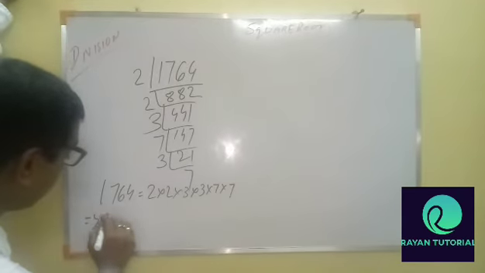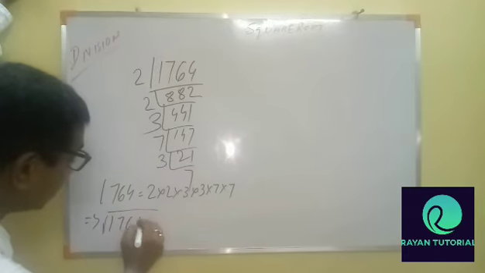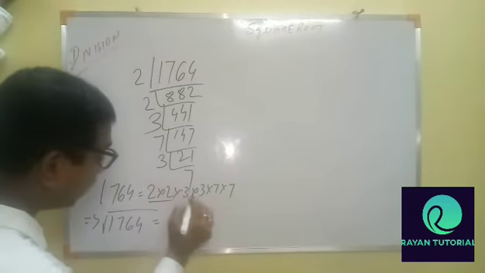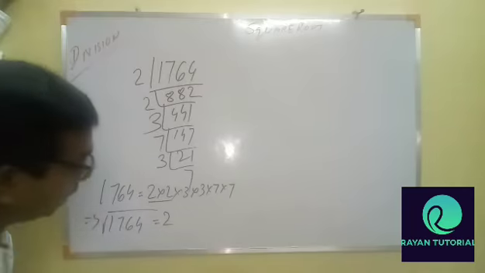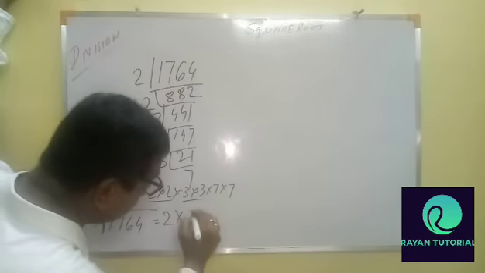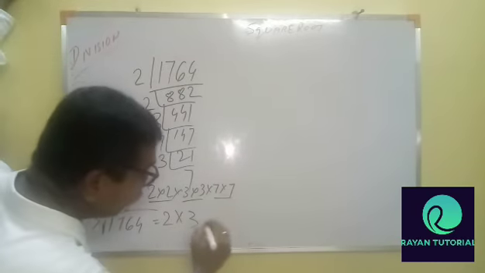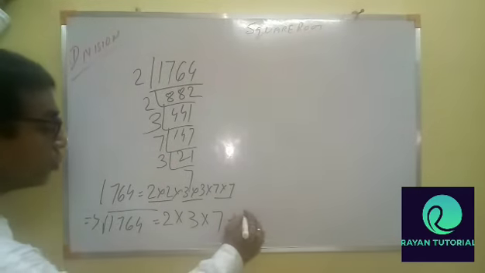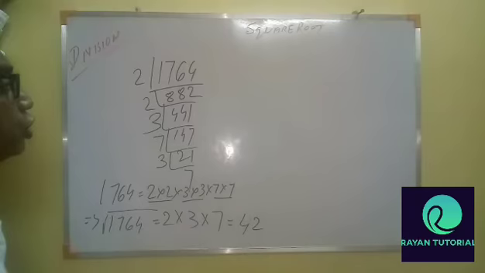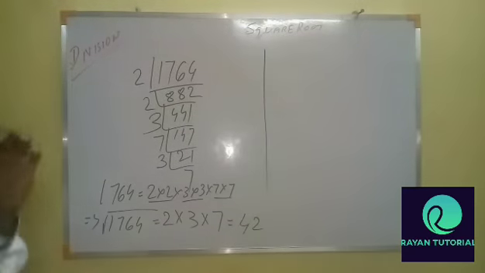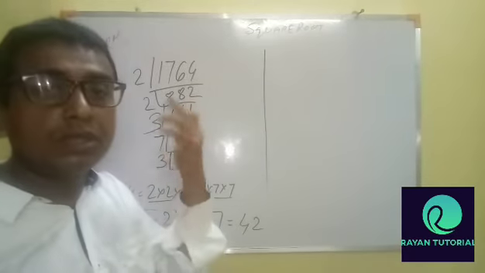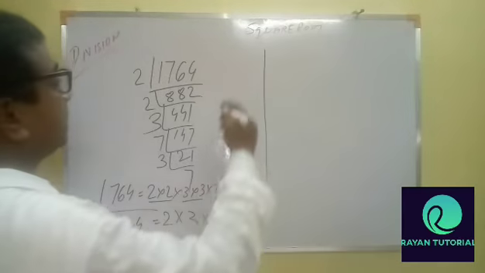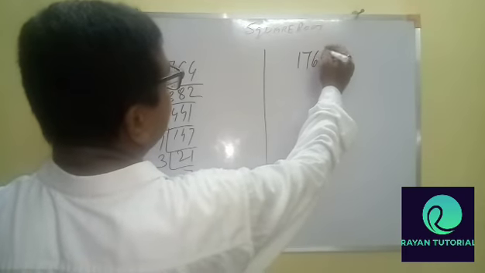What did I say? Square root of 1764 is take 1 from the pair. Take 1 only from the pair. Equals 2 3s are 6, 7s are 42. Clear?